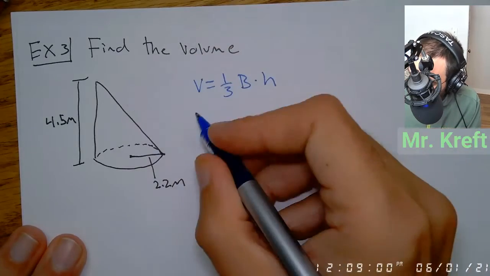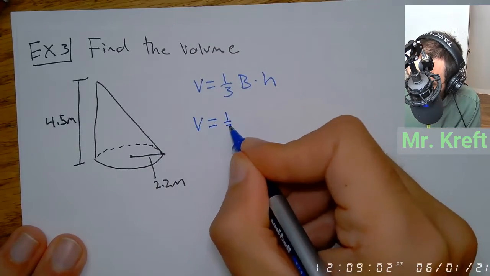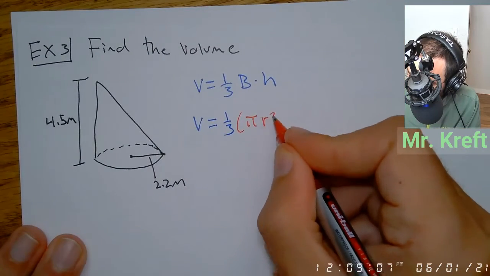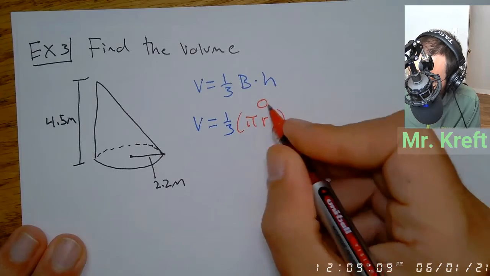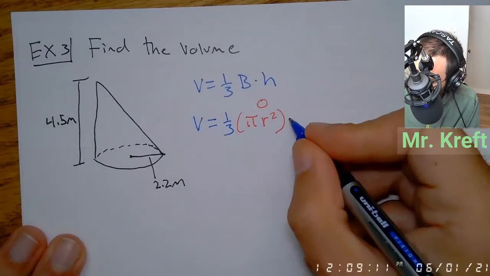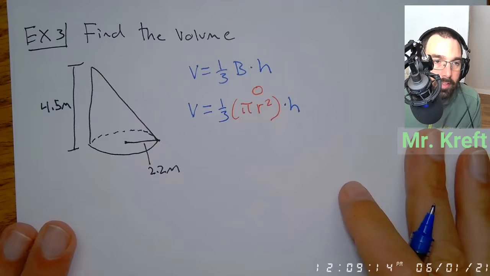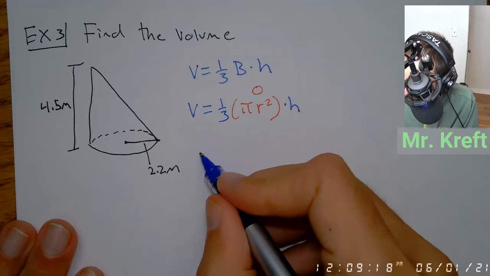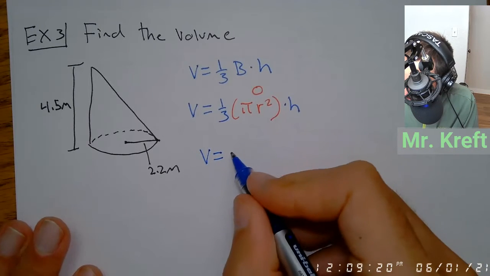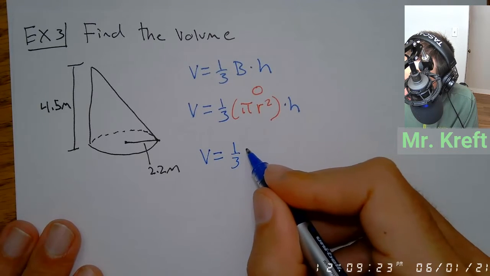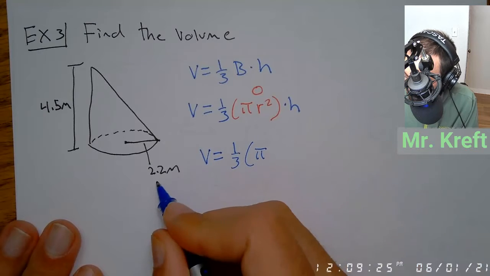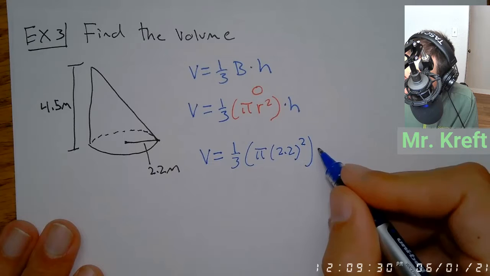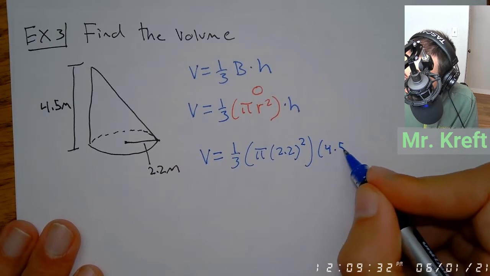This is a circle, so the area of a circle is pi r squared, and then times the height. So my volume equals 1/3, then pi, my radius is 2.2 squared, and my height is 4.5.